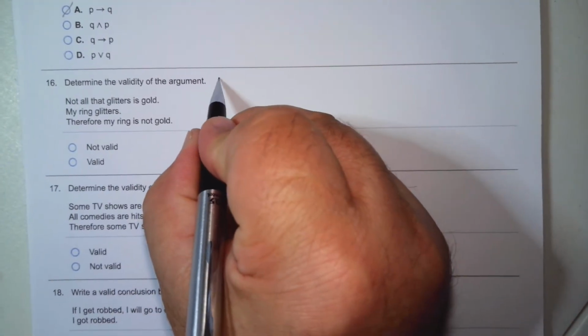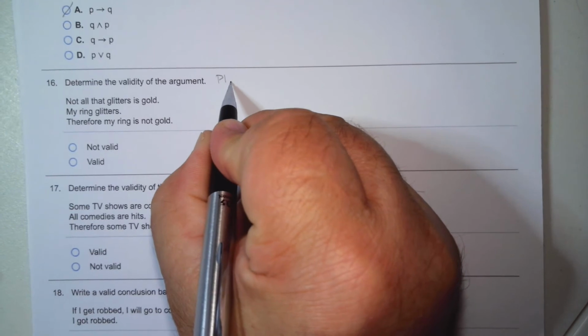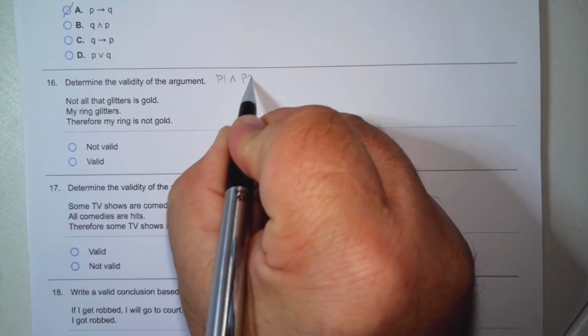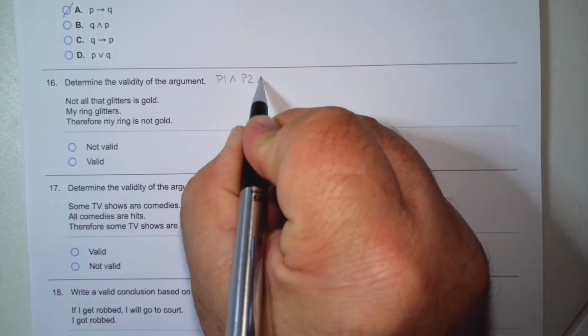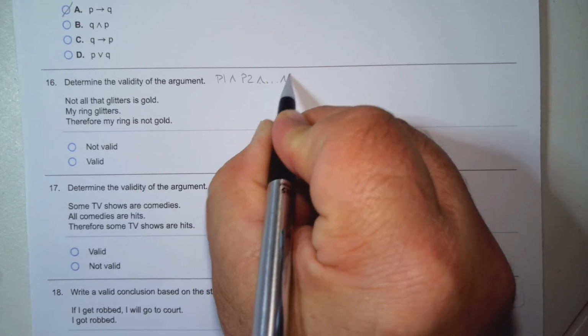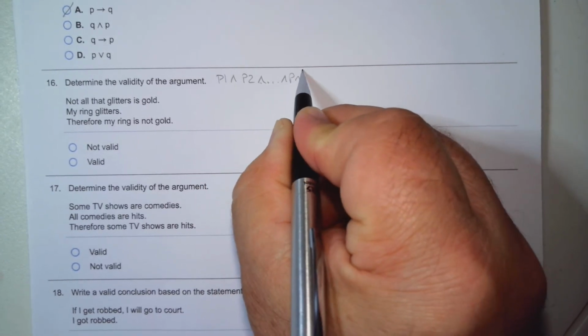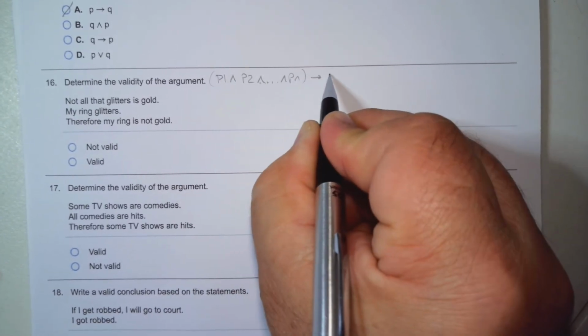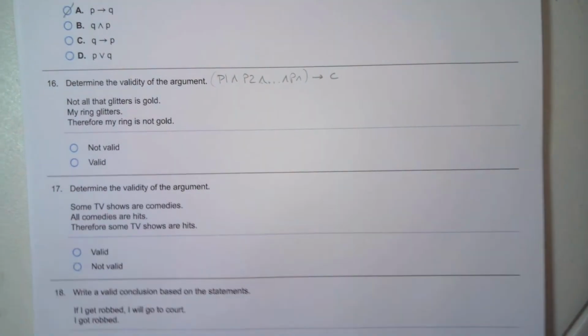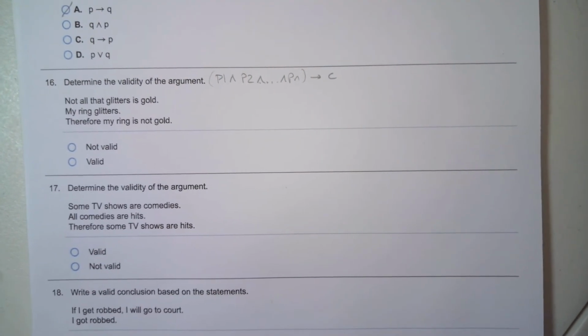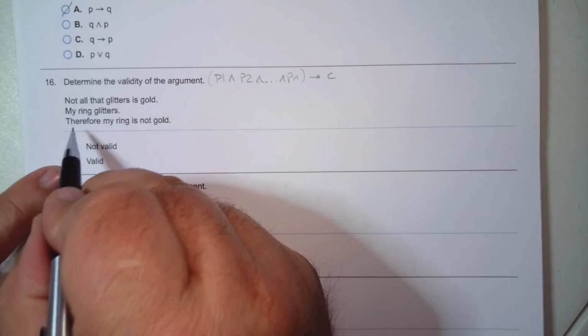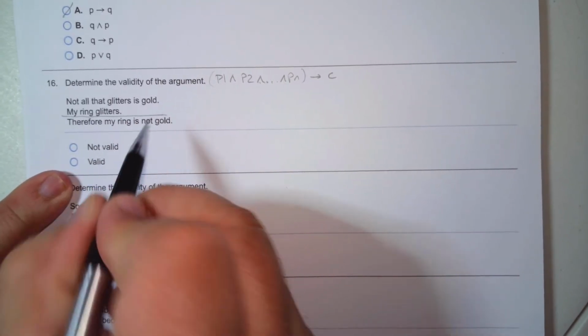Determine the validity of the argument. Remember, to test the validity of the argument, you have to take all the premises, however many you have, and then test the conclusion. So there's the word therefore, so that's the conclusion.